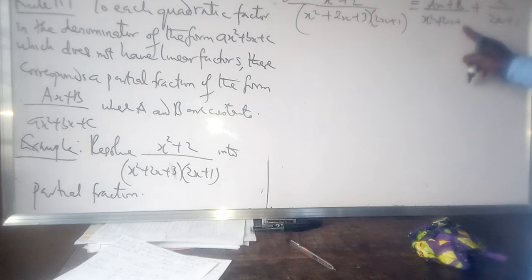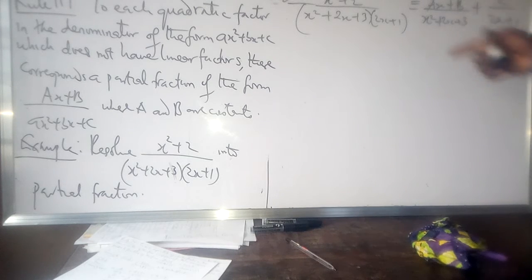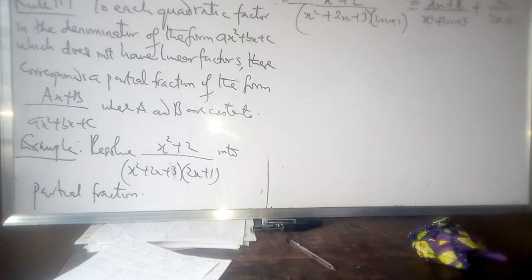Because this is a quadratic expression, it takes the form ax plus b. Observe that c is the third constant here, and it goes with the linear factor in the denominator.